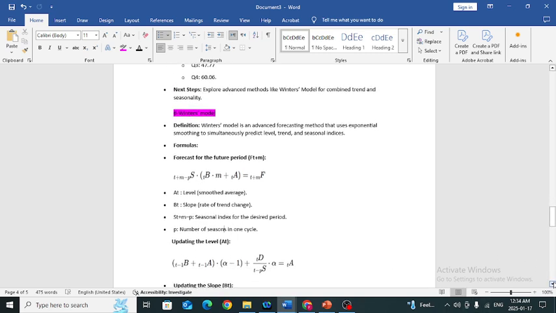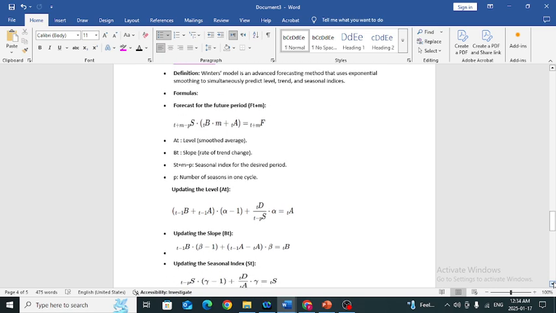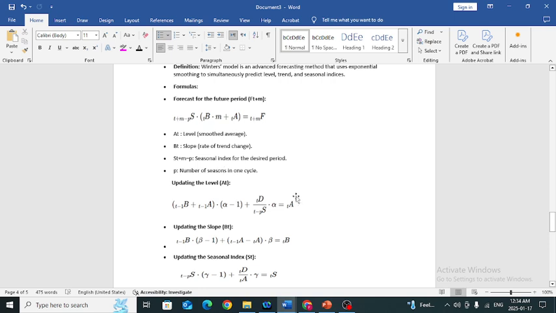So, updating the level A_t. If we want to calculate the level A_t, we should use this formula. Updating the slope B_t, we should use this formula to achieve the B_t numbers.